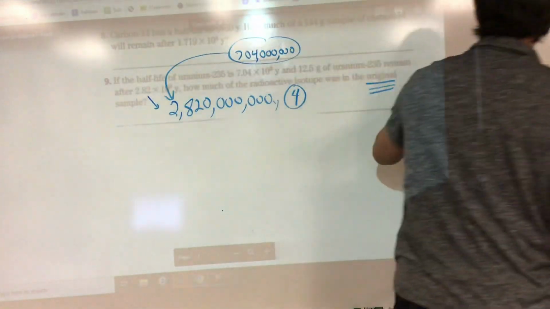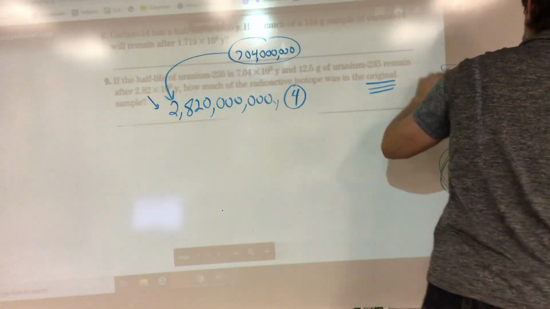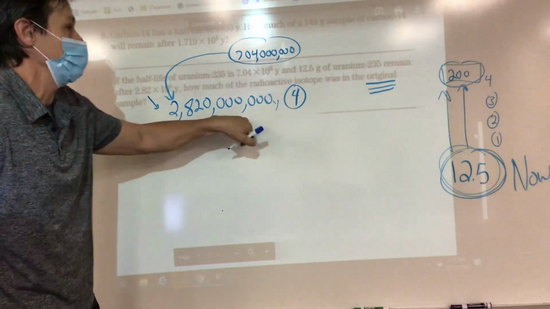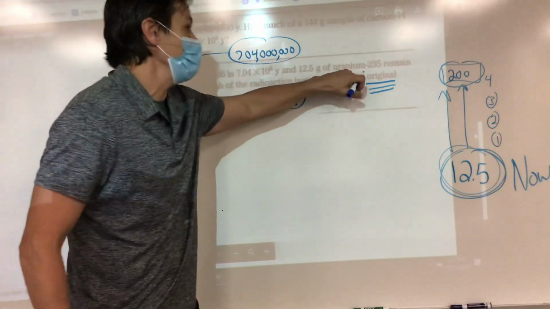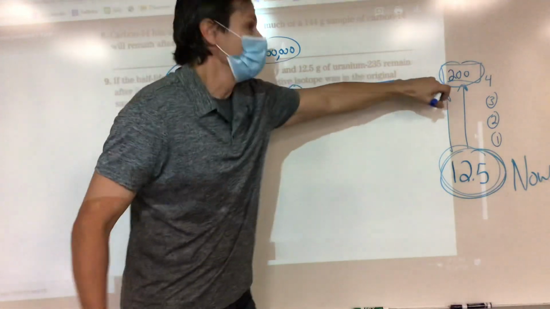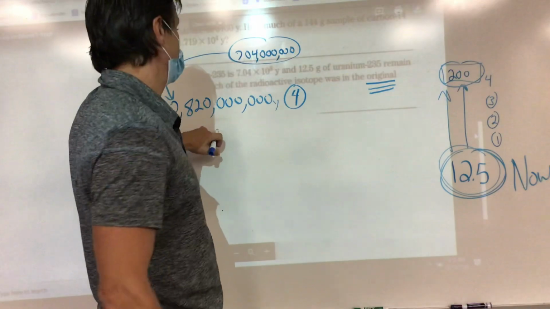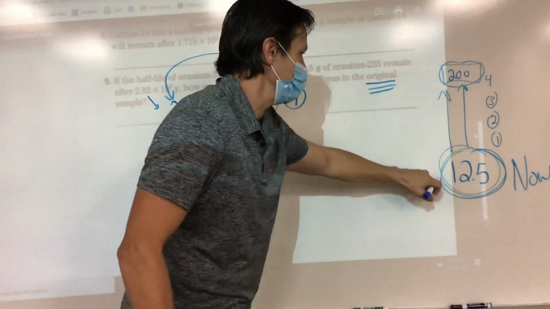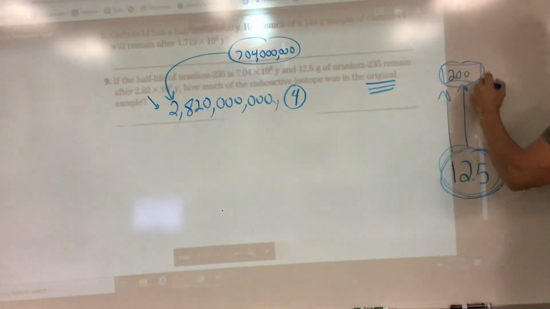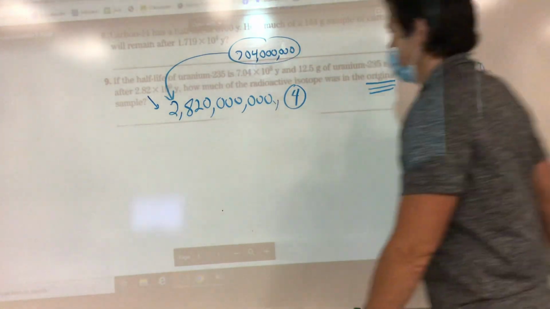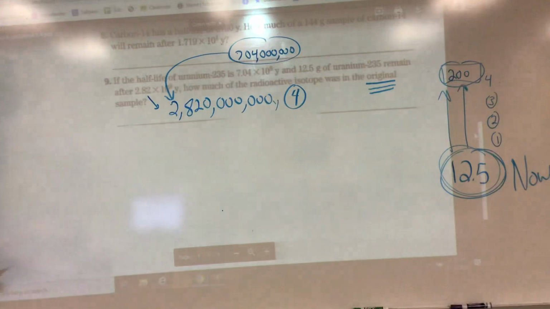So what this is saying is at 2,820,000,000 years ago, this uranium was 200 grams. And over the course of this time frame, it deteriorated. So after 1 half-life, okay, it went to this, that's how it got to that. Do you see how I did that one backwards?